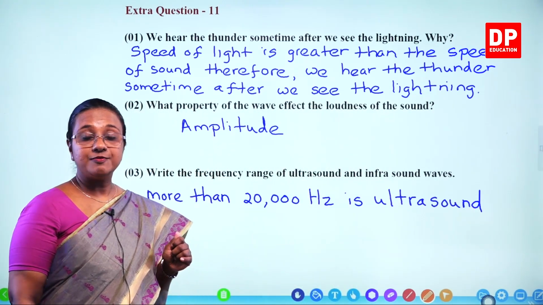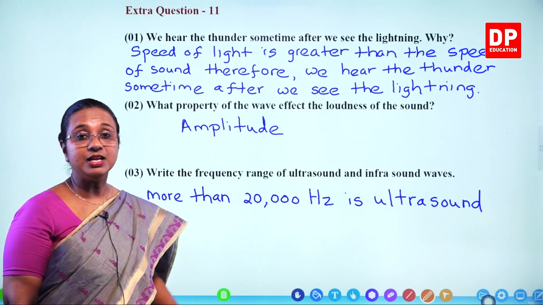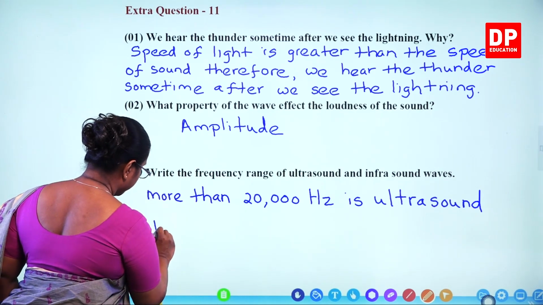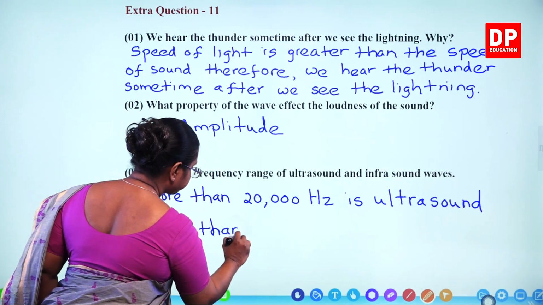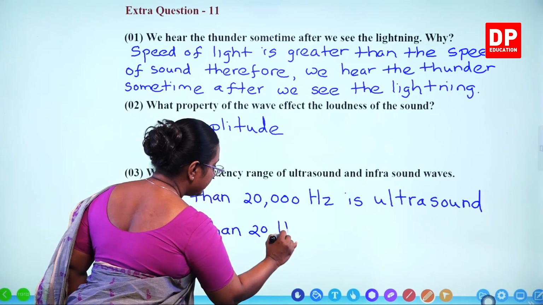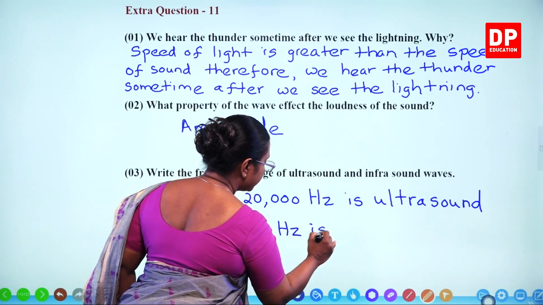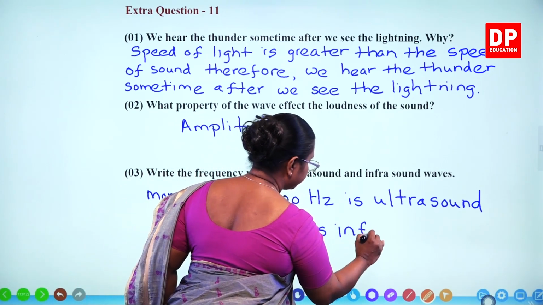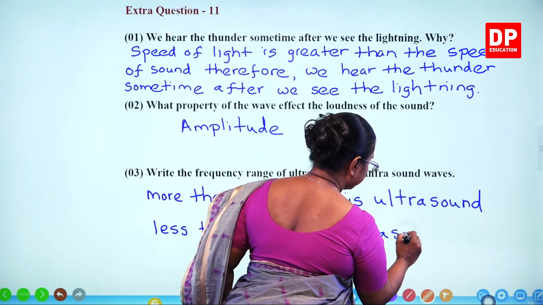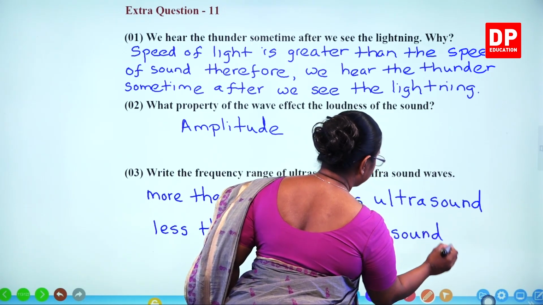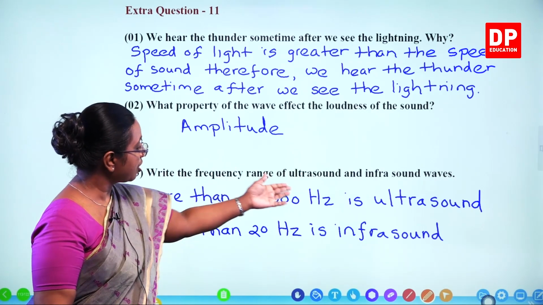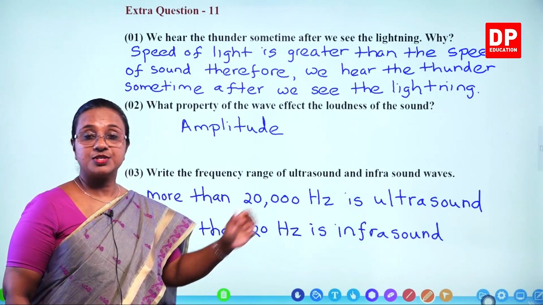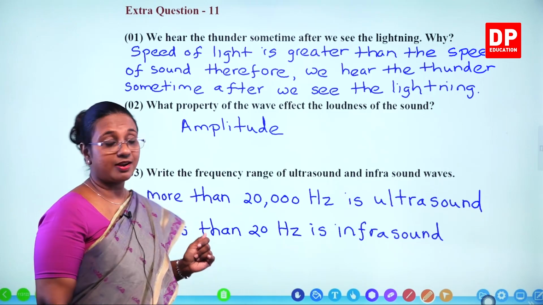And what is infrasound? Less than 20 Hz. So less than 20 Hz is infrasound. So those are the frequency ranges of the two different sounds, ultrasound and infrasound.